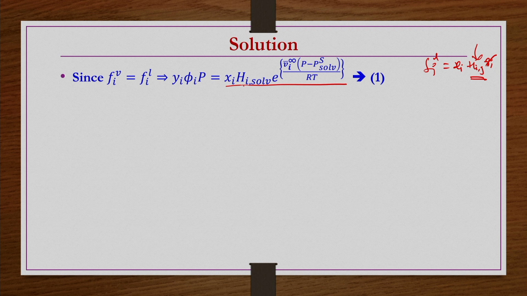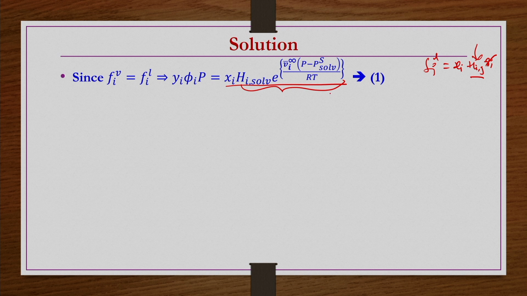So, the pressure corrected Henry's constant should be there, that is H exponential of integral Vi bar by RT dP. So, this is how the second part for the liquid phase is coming in.